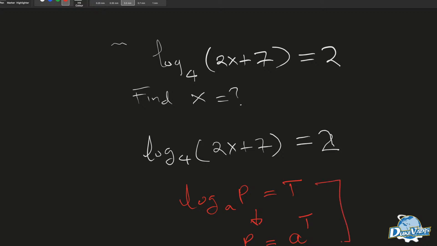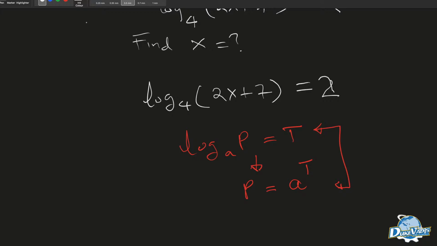This is one of the properties we learned earlier. So we are going to apply the same to our proposed question.